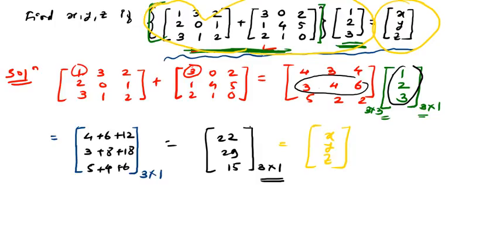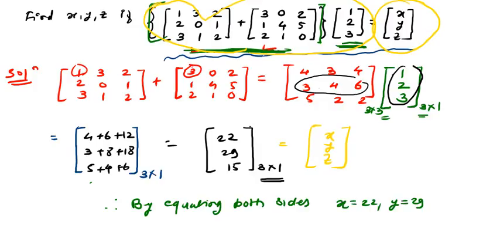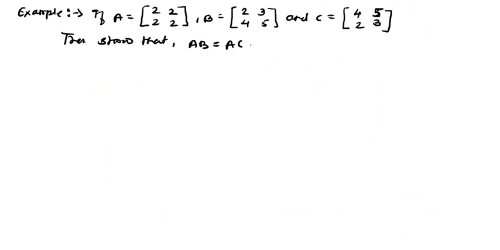Therefore, by equating both sides, we get the value for x equal to 22, y equal to 29, and z equal to 15. And that is our answer.